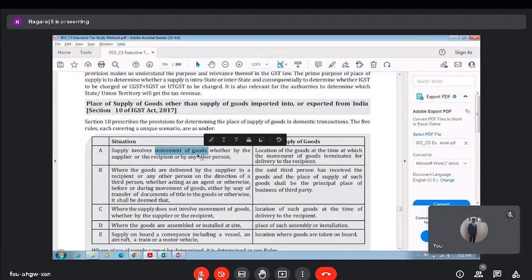Okay. The question will clearly say the goods have to be transferred from that place to this place. That means there involves a movement. They will give the city names or the state names. Normally they will specify the city with state, because we may not know many of the cities in the north.